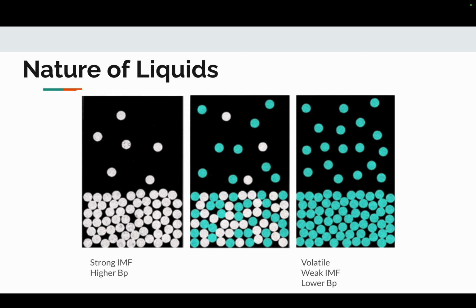So let's say I had water, H2O, in the gas form, or it doesn't really matter which form. But let's say gas form, water vapor. The attraction between the hydrogen atom and the oxygen atom would be considered intramolecular.